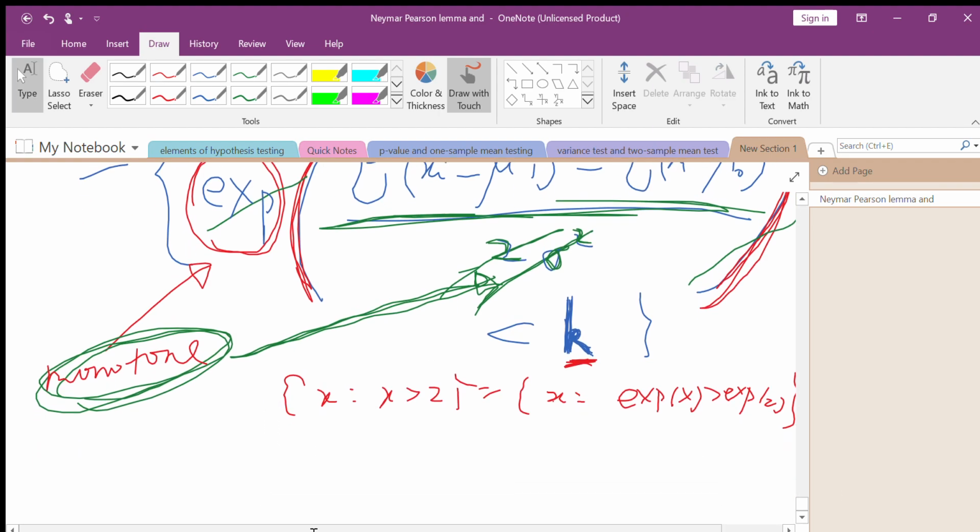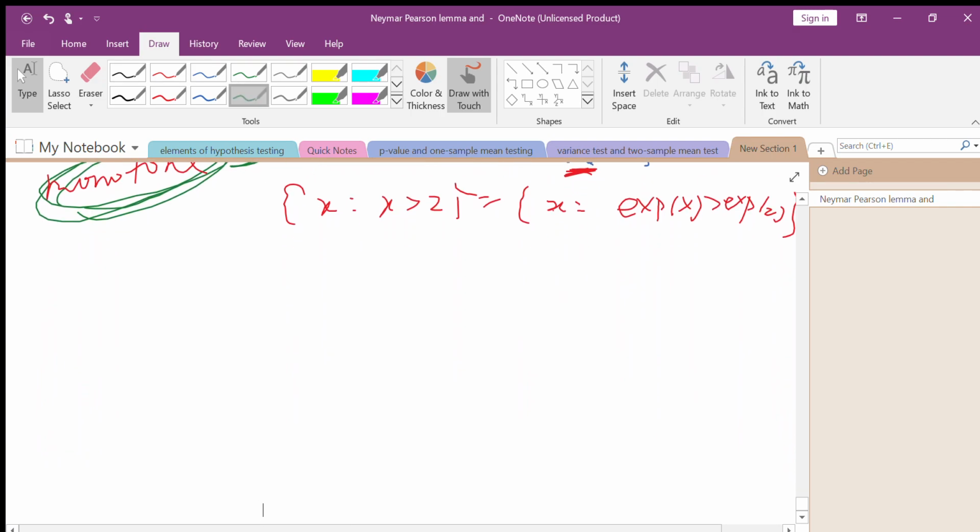So what do I mean by this? After such observation, we don't need the exponential and we don't need 2 sigma squared.